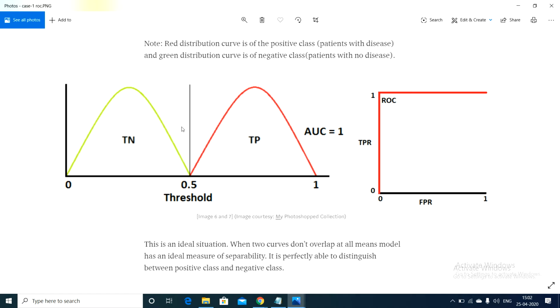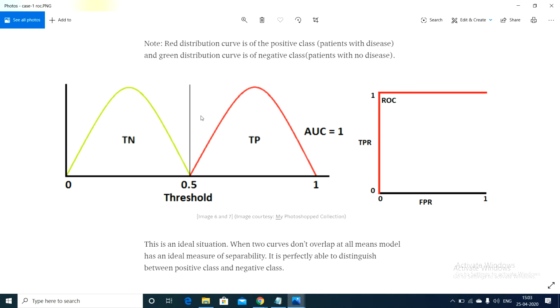So this is the true negative case. This is a graph in which the red distribution is telling us about the positive case, and the green distribution is telling us about the negative case.